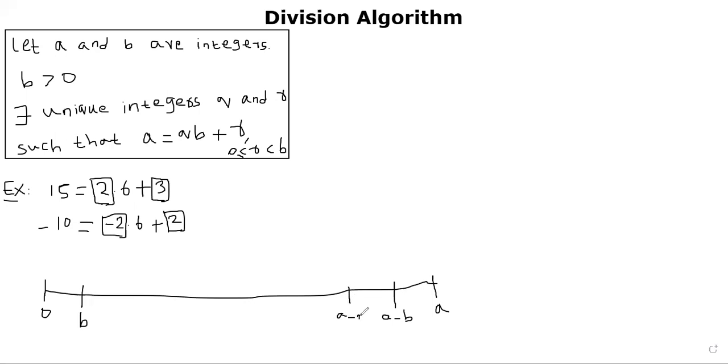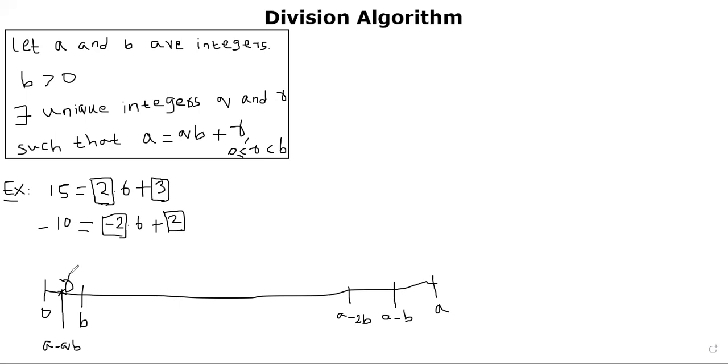Keep on subtracting until we get the smallest number here. Somewhere here, let's say, I get A minus, we don't know Q, but I will show you this algorithm in a moment. This number, we call it R because it's the same as A minus QB. That's what we are going to find out.